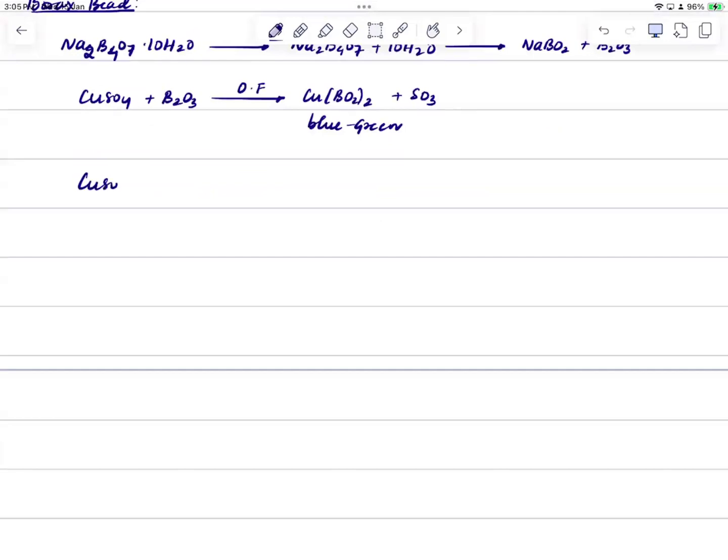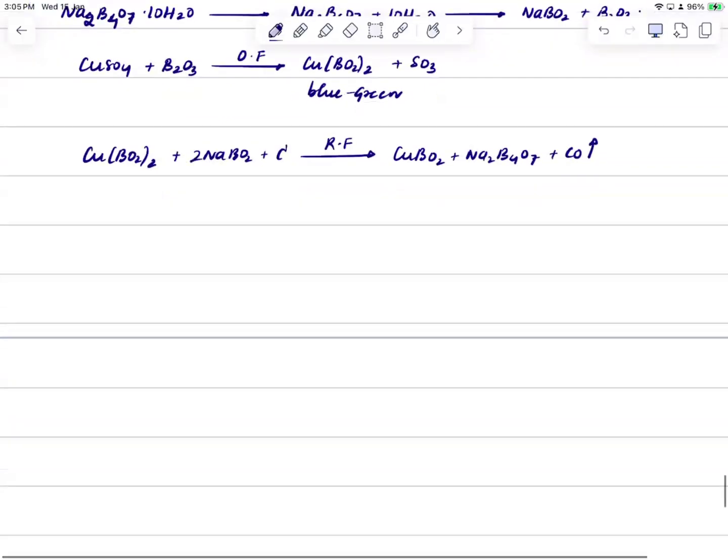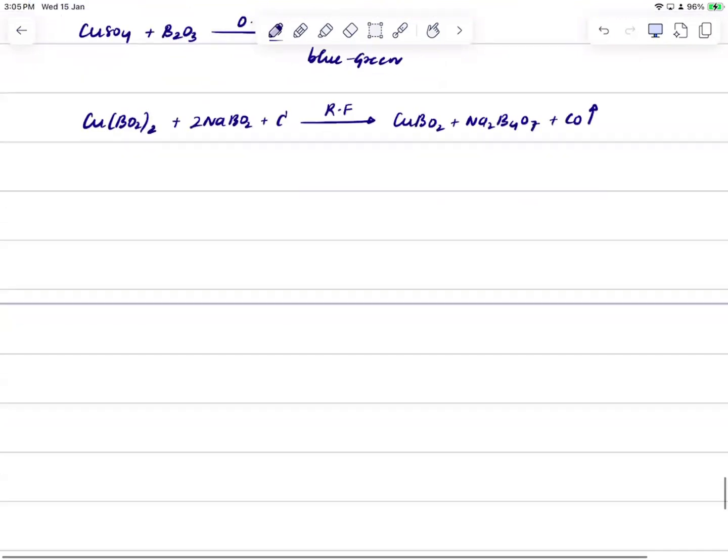And if you take this copper sulfate, I mean Cu(BO2)2 plus more of NaBO2, in the presence of carbon. Carbon soot will be present when you have reducing flame. So in reducing flame, it will become CuBO2 plus Na2B4O7 plus carbon monoxide gas. So this will get reduced into this form.